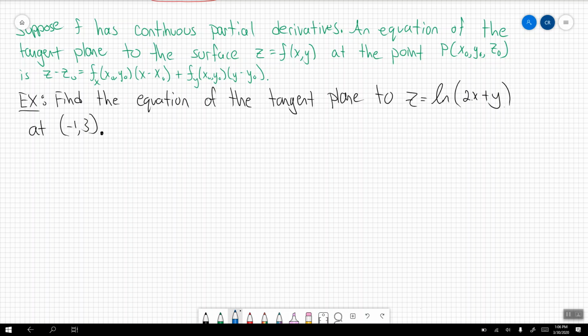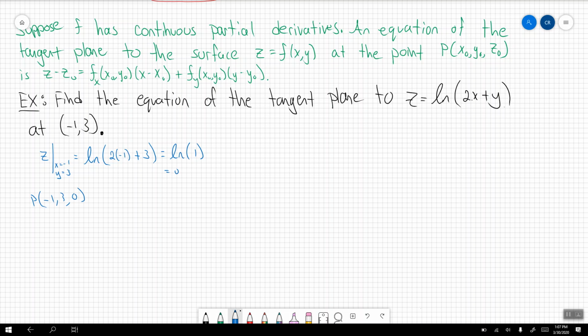So let's go through it. We're going to evaluate z at x equals -1 and y equals 3. Therefore we get the natural log of 2 times -1 plus 3, which is just the natural log of 1, which is 0. So the point that we're looking at is (-1, 3, 0).